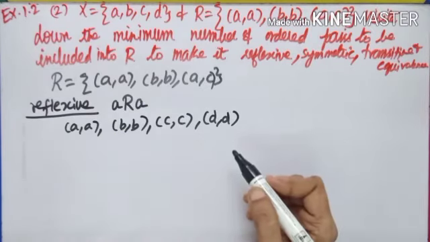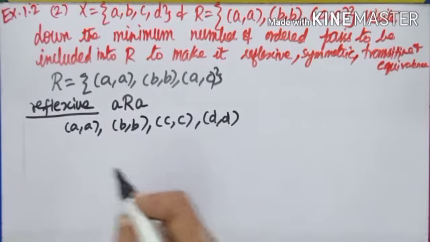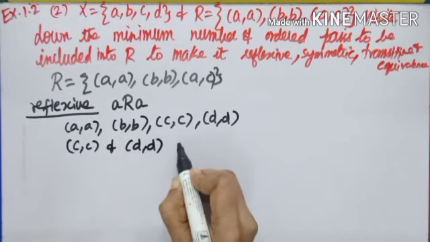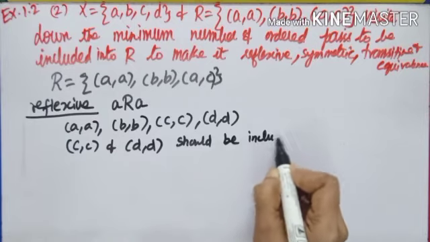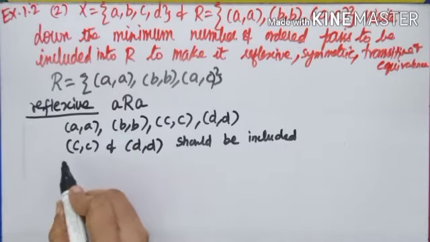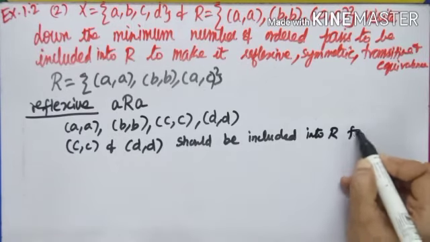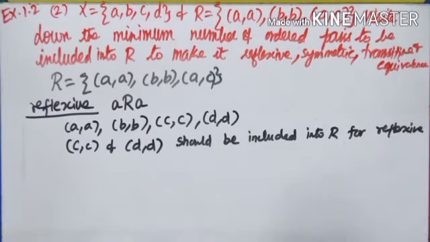In the 4, AA, BB are given in R. So what should I include? CC and DD should be included. My question is, what should I include to make it reflexive? So these two should be included into R to be reflexive.